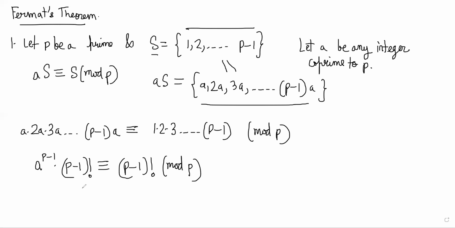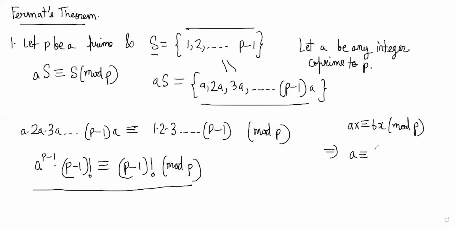And we know from properties of congruence that you can divide both sides by the same thing as long as whatever you are trying to divide by is co-prime with P. Like we saw the property that AX is congruent to BX mod P. You can divide by X as long as P and X are co-prime.